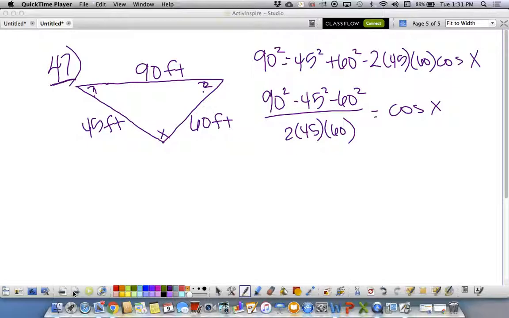What did you do to solve for it? Well, for this one, I just subtracted the two I found. Why did you divide by 90?